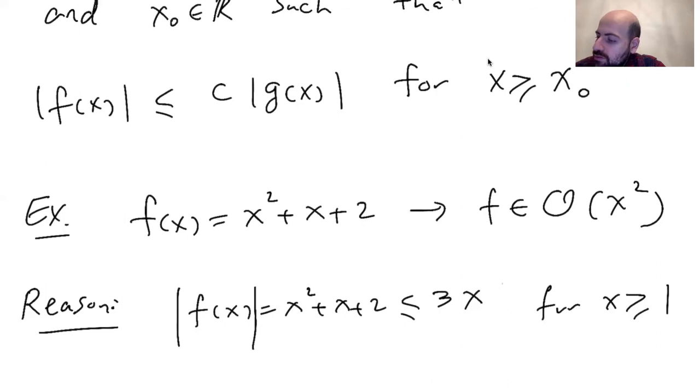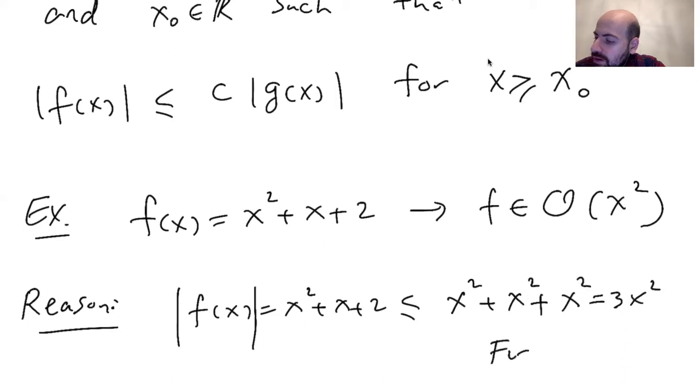This is less than or equal to x squared plus x squared plus x squared, which is 3x squared. This time I can say for x bigger than or equal to, let's say, 2. If x is bigger than or equal to 2, 2 is less than or equal to x squared, and x is less than or equal to x squared. And so the absolute value of f, which is x squared plus x plus 2, is less than or equal to 3x squared.